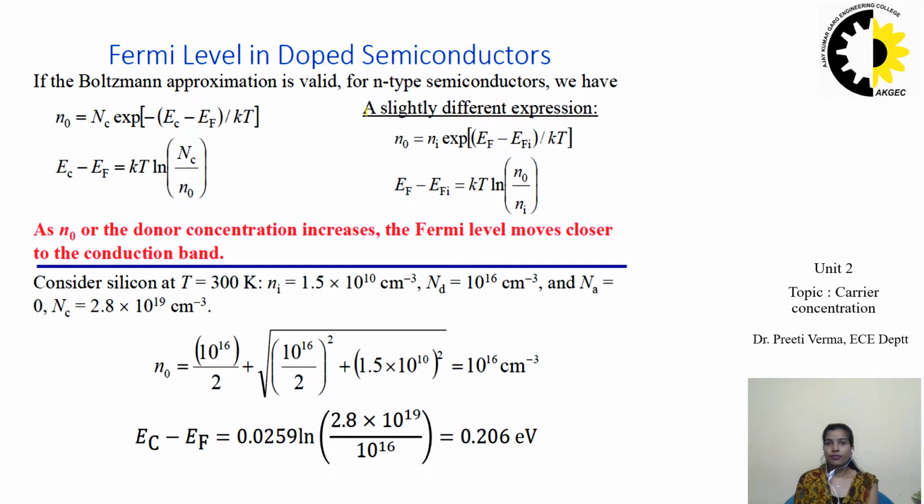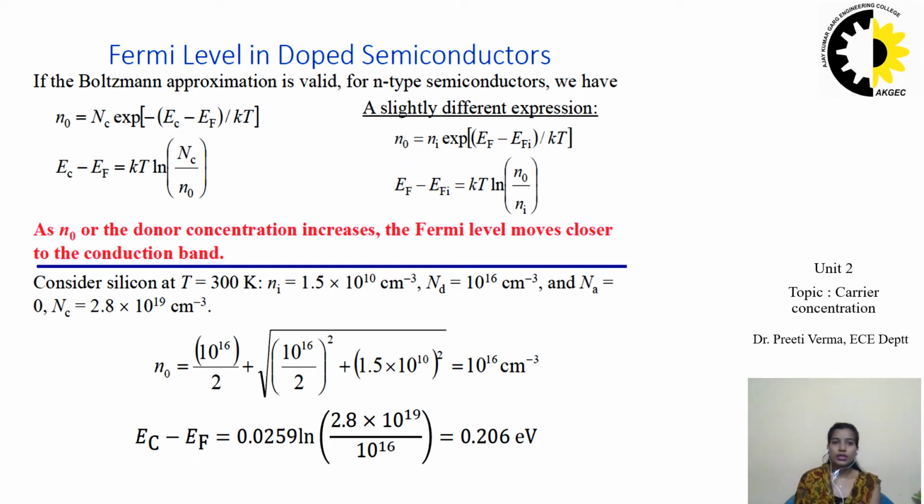A slightly different expression we have is n0 = ni exp((Ef - Efi)/kT), and Ef - Efi = kT ln(n0/ni). So as n0, or the donor concentration, increases, the Fermi level moves closer to the conduction band.